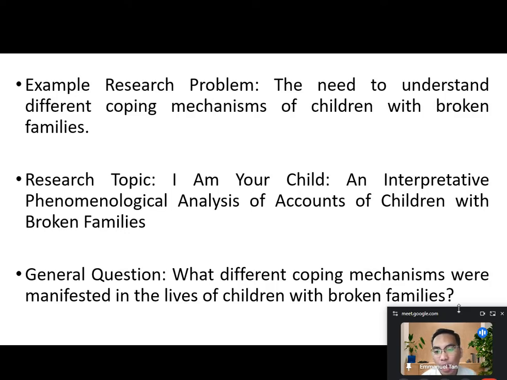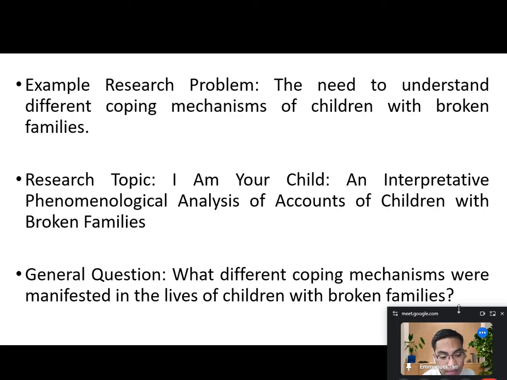Alright? Now, once you have formulated your research problem, then identify the research topic. So from the research problem, makapag-formulate na kayo ng research topic. Well, by the way, when constructing a research title, we had a session about that, and I would love to share that with you also. So hindi rin basta-basta mag-construct ng title.